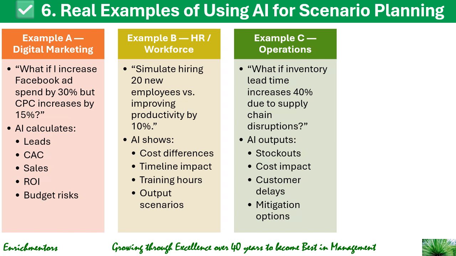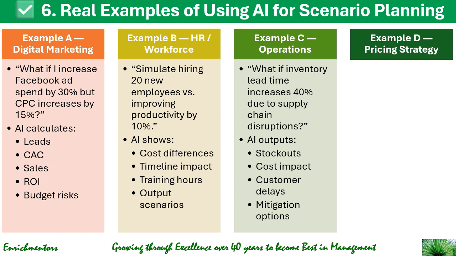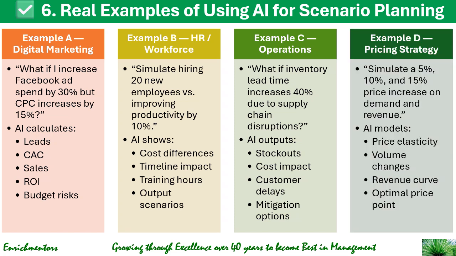The last example we'll take a look at is pricing strategy, in which you ask AI to simulate the impact of a 5, 10, and 15% price increase on demand and revenue. AI will model price elasticity and volume changes, give you the revenue curve, and give you the optimal price point.